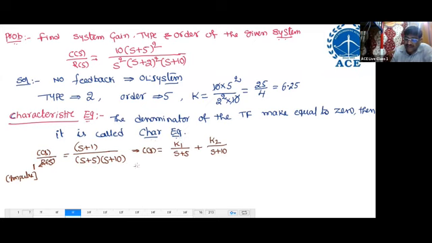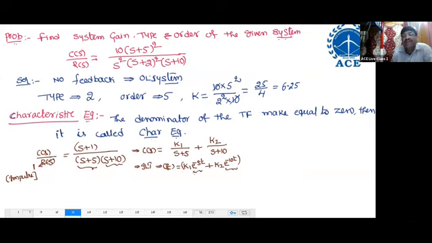If I apply the inverse Laplace transform, C of t equals K1 into e power minus 5t plus K2 into e power minus 10t. Now what is the nature here? The output consists only of denominator terms: e power minus 5t because of S plus 5, and e power minus 10t because of S plus 10.